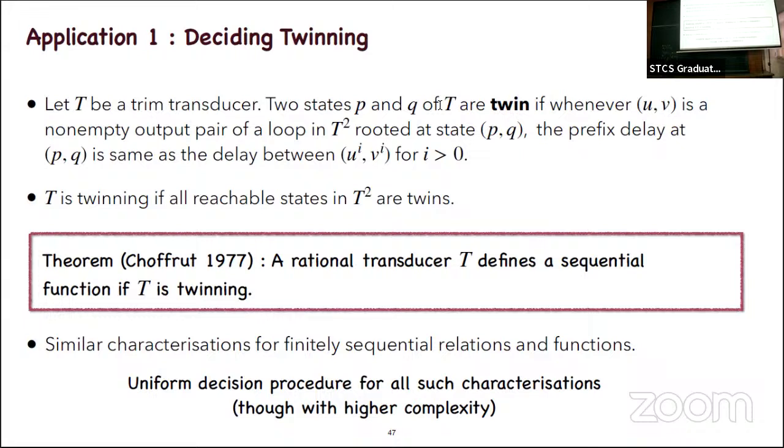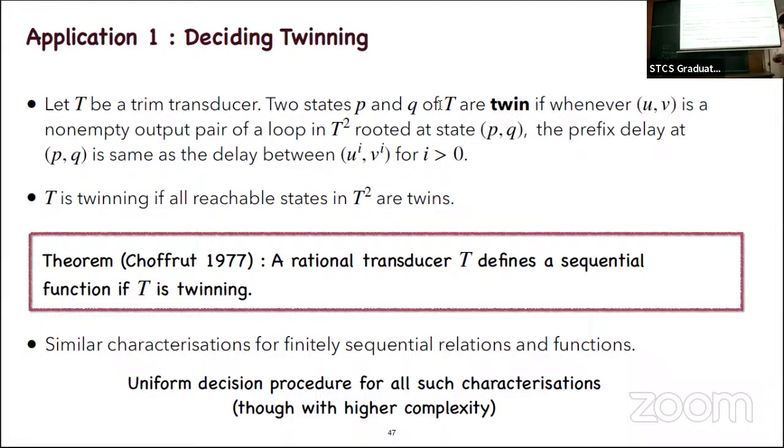So if I am given such a transducer, I'll say states P and Q of T are twins if, taking the square of T, the product of T with T, you look at pairs which are reachable by the same input word. You take every pair of states which are reachable by the same input word.